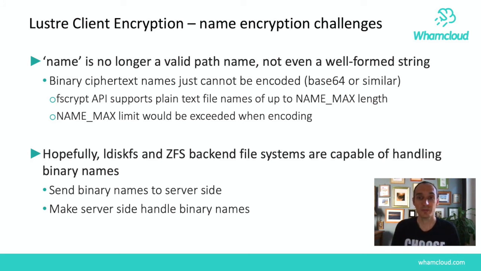So consider that we have an encrypted name that is name max long. If we encode that, it will exceed this system limit, so it would not be a valid name. So we really need to support binary names.